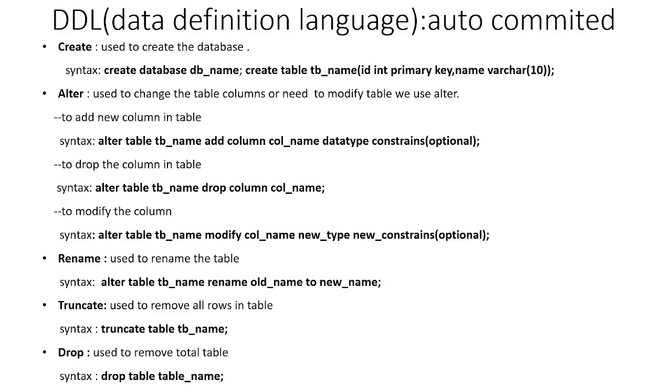Drop will remove the total table from the database. If we take one database, we have so many tables, and the tables have interconnections and relations to each other. So these are a few things about DDL commands.